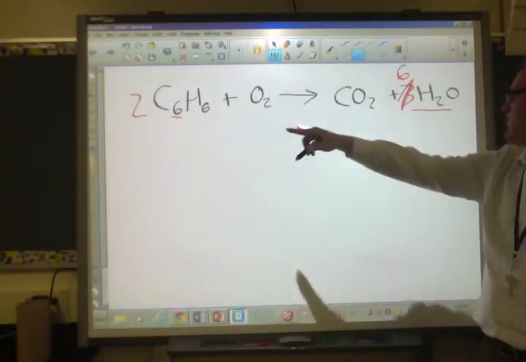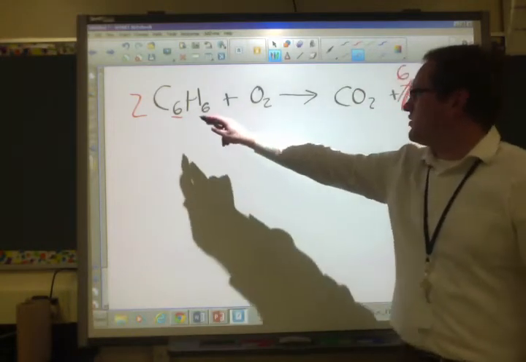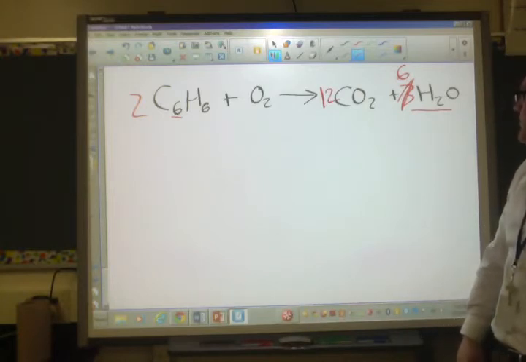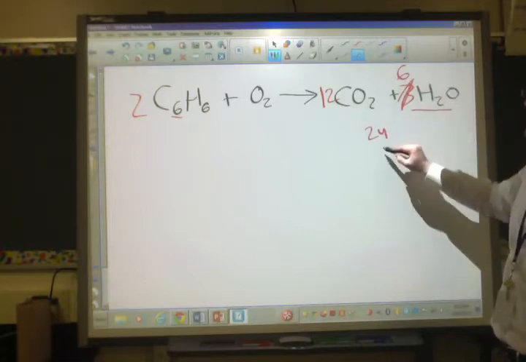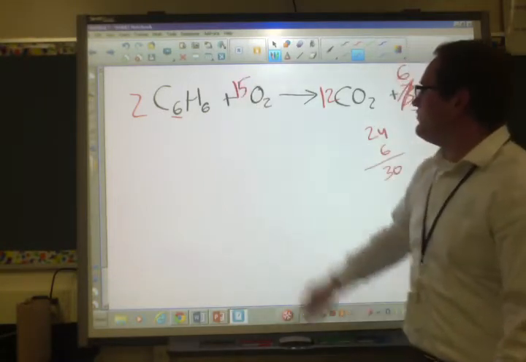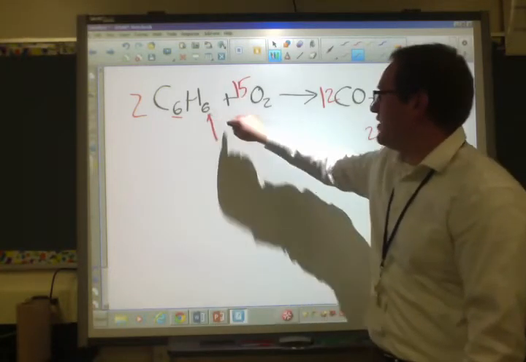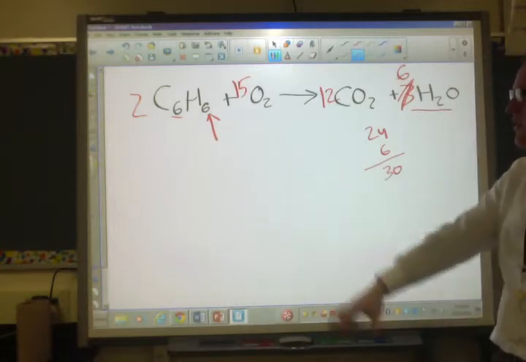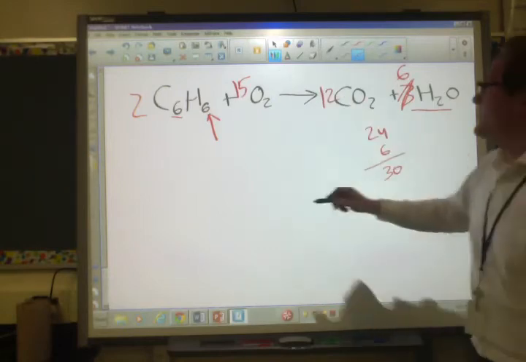So my hydrogens, I have 12 and 12. 12 carbons, I'll do 12 carbons. And now let me add up my oxygens. So I have 12 times 2, that's 24 oxygens, plus 6, so that's 30, so I need 15 here. In fact, I think the rule is just going to work with the hydrogen. I believe if that is odd, scratch that whole rule. Just work it out. So 2, 15, 12, 6.